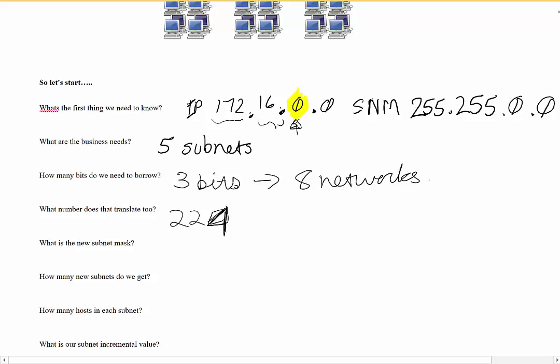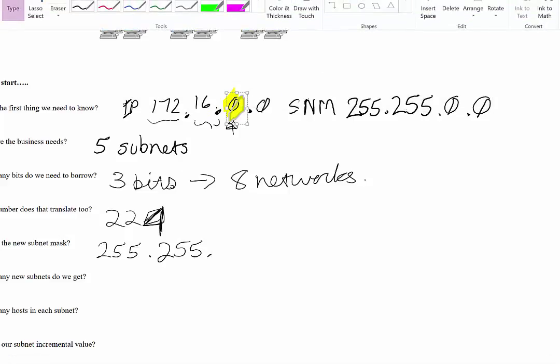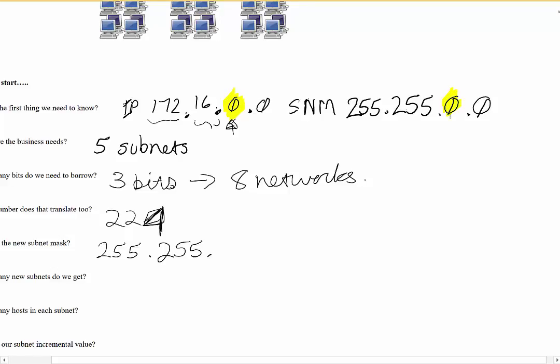All right, so what is my new subnet mask? The first subnet mask octet is 255. And then my second subnet mask octet over here is 255. So I'm going to bring that down again, 255. Now the third octet, remember this third octet was the one that we were messing around with? Let me just go ahead and highlight this other side here. This third octet is the one that we are going to be messing with.